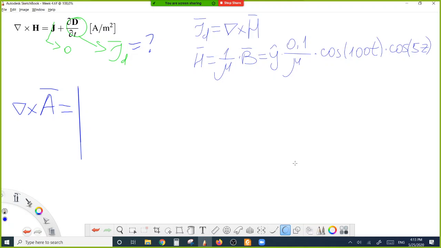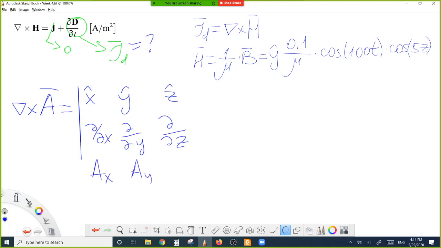In the first row of our matrix are the unit vectors x, y, and z. In the second row are the components of operator del: d/dx, d/dy, d/dz, and in the third row the components of the vector field.